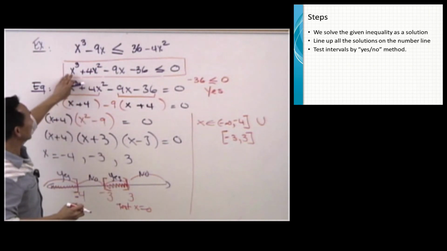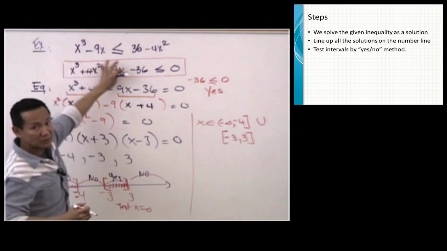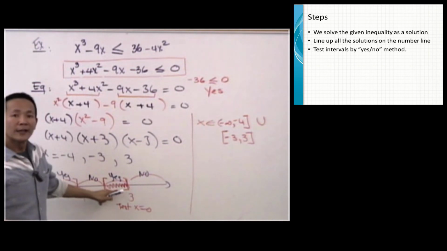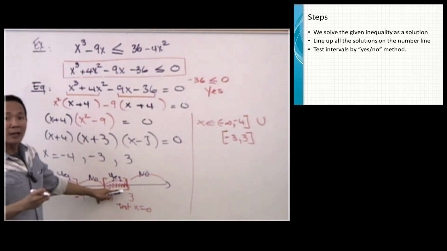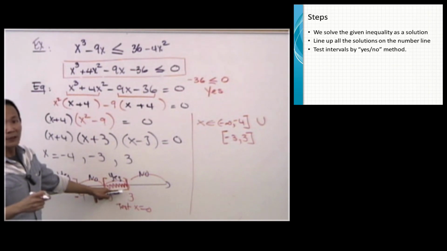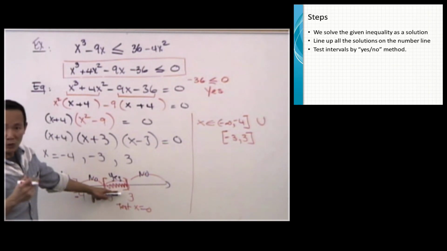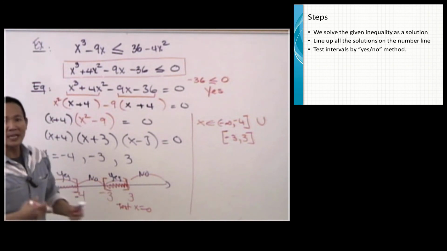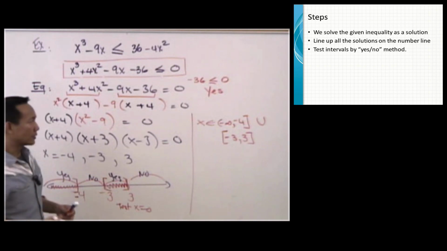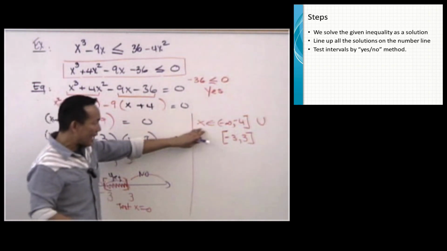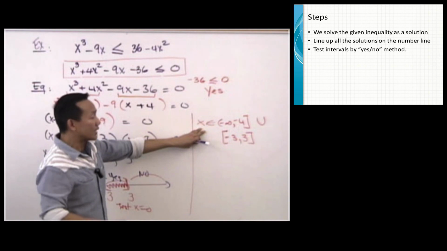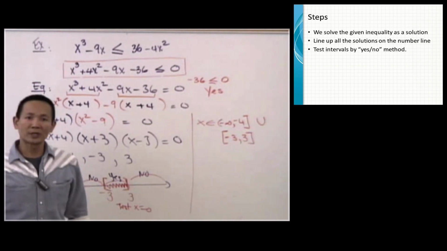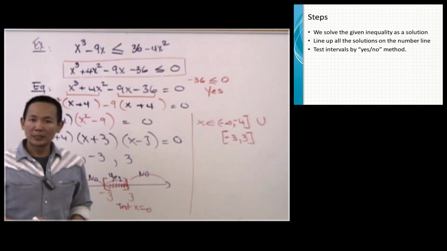It's so easy because when you test 0, a lot of terms cancel out, just as I did. And then if the testing interval turned out to be good, that would be the interval you pick as a solution interval. And then you go through the motion of yes, no, alternating the answer. And finally, at the end, you should give the interval notation of those yes intervals. And that is the solution of a nonlinear inequality of one unknown.